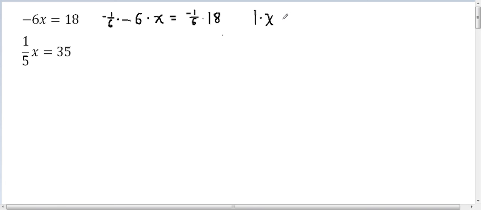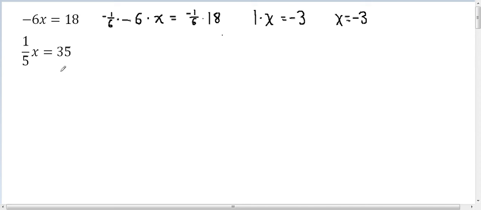And minus 1/6 times 18 is equal to minus 3. Since 1 is the multiplicative identity, when we multiply that by x, we get x. And we found that x is equal to minus 3.